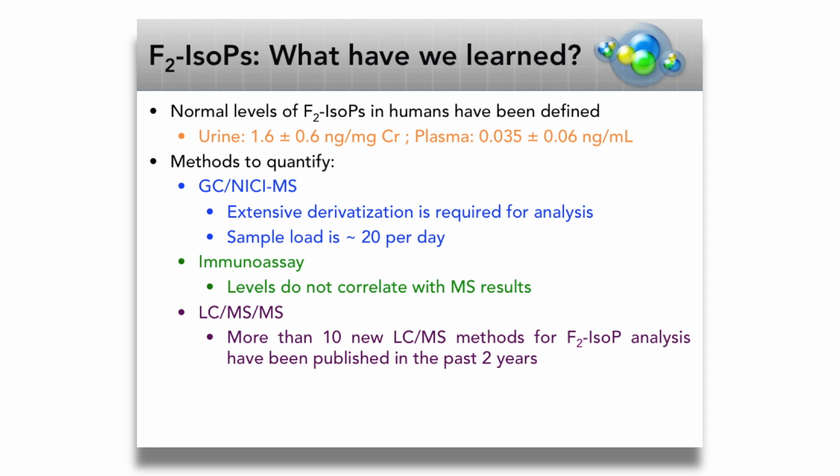So a big problem with the analysis of F2 isoprostanes is that there is not a single method to quantify these molecules. If you measure them in one lab and go to another, you're going to get different levels of quantification. In addition, there are multiple standards available, and different labs believe in using different internal standards to quantify these molecules.